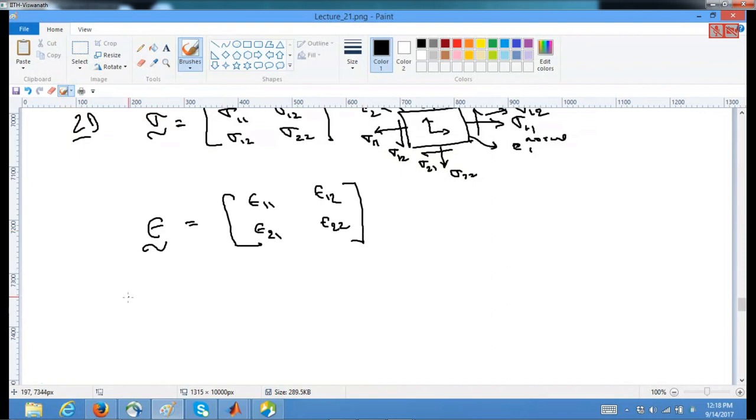Next, the strain epsilon ij is again the same. This is the plane normal and this is its direction.